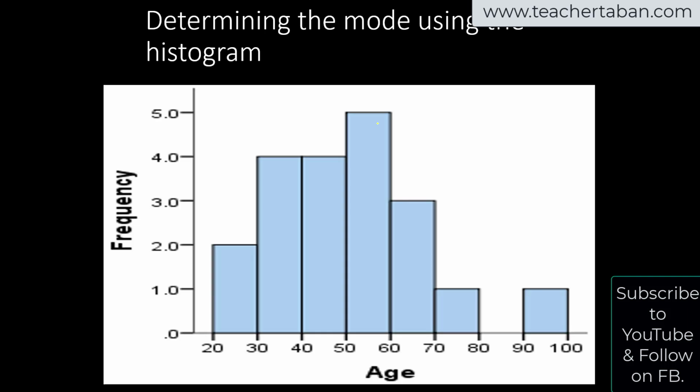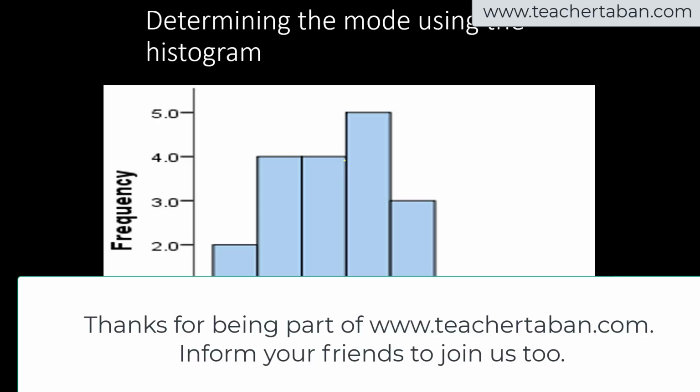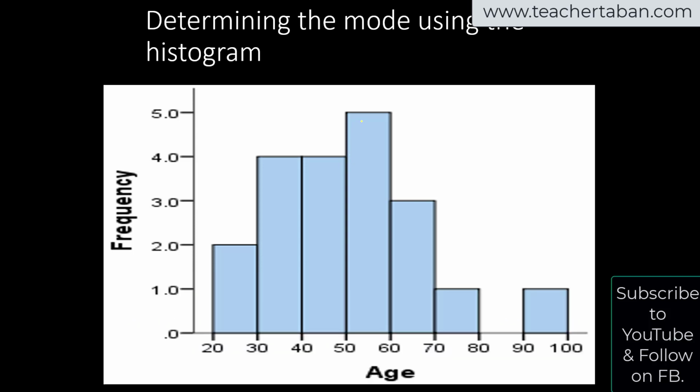Assuming that we have plotted our histogram like this, how do we get the mode? You simply get the bar with the highest frequency, or the tallest bar. Then make a mark at this point here, and at this point here, and join the two using a ruler.